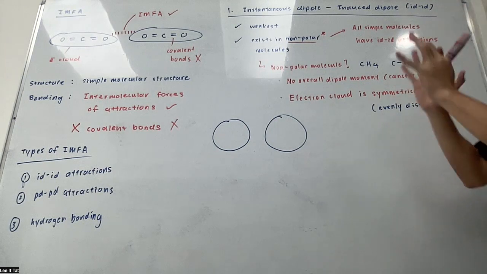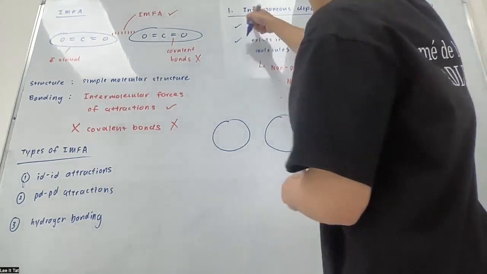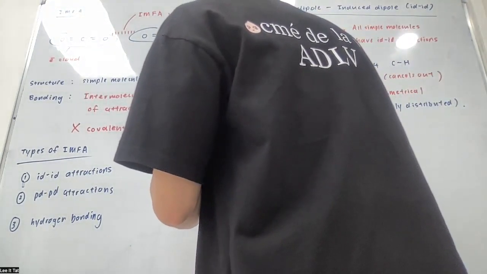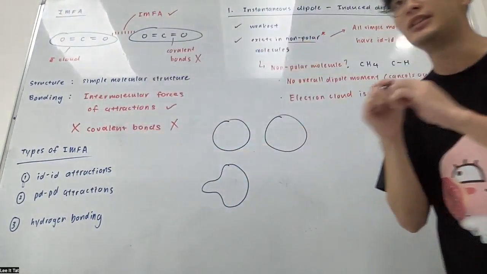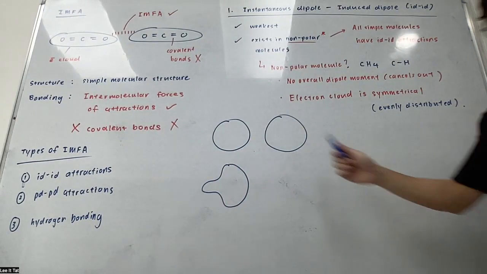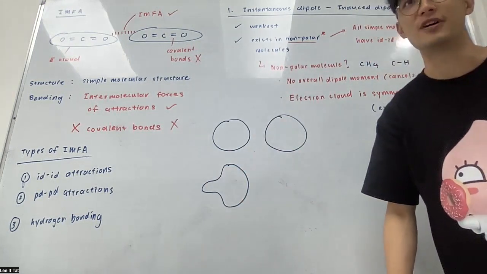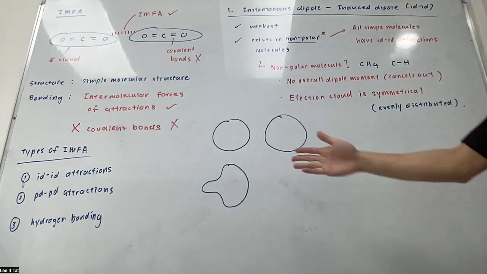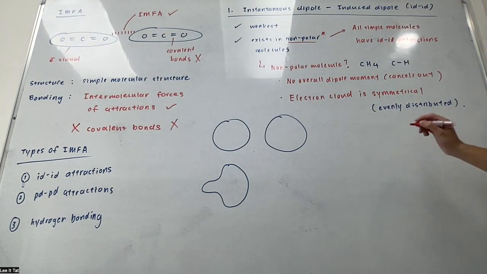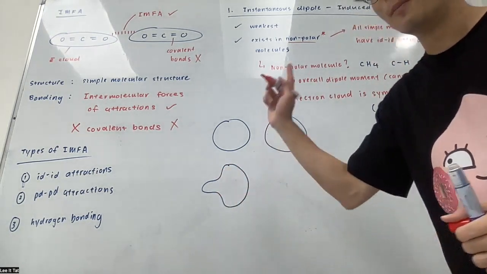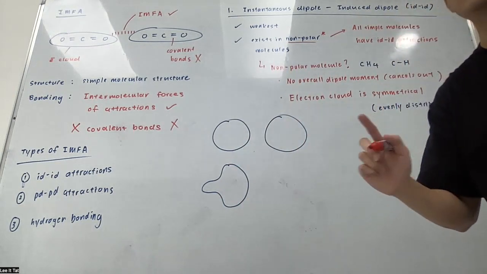At any instance, the electrons might suddenly become unevenly distributed. So I say again, electrons are always moving. At any one point in time, it might decide to be uneven. So guys, what happens over here? Can you all remember the partial charges? Where do you put the partial plus charge? Partial positive.